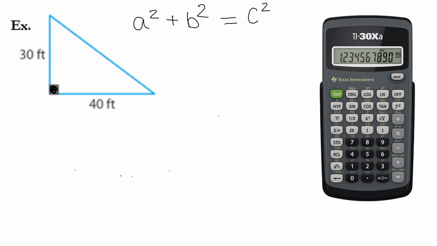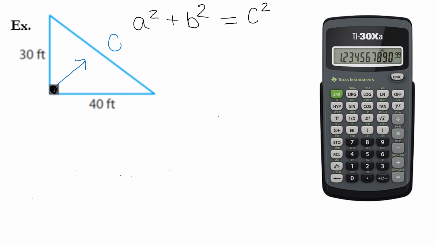We have to decide which letter we are not given in this problem. The first thing you should always do is locate your c value by finding your 90-degree angle and drawing an arrow from it. As you can see, the missing side length is actually our c value.